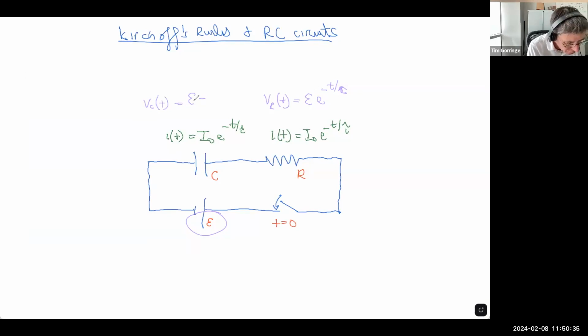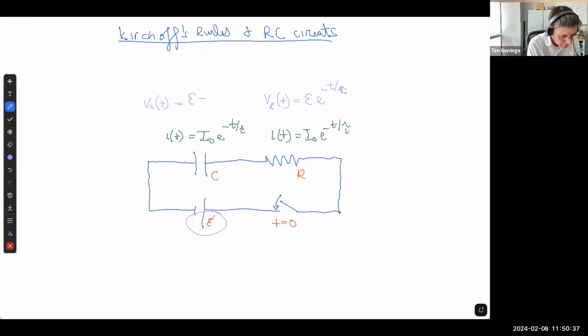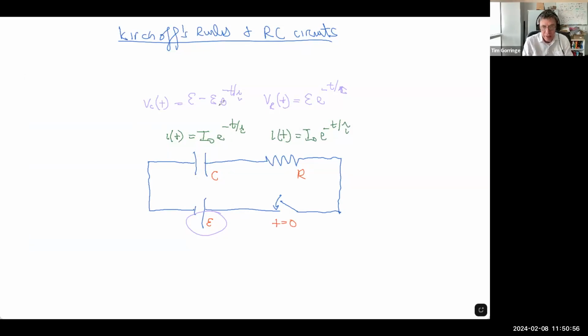So it's epsilon, the EMF provided by the battery, less the voltage across the resistor, which is epsilon e to the minus t over tau. And so this is the voltage across the capacitor.